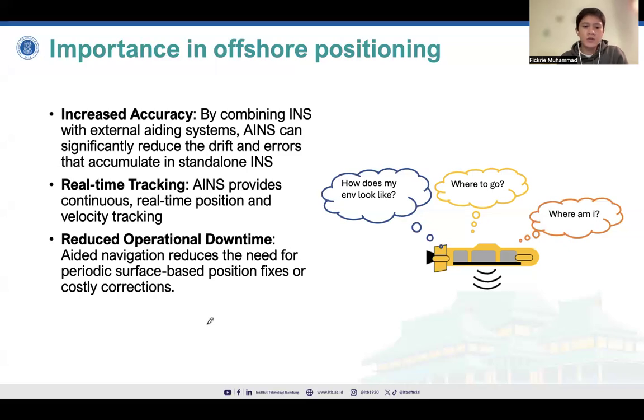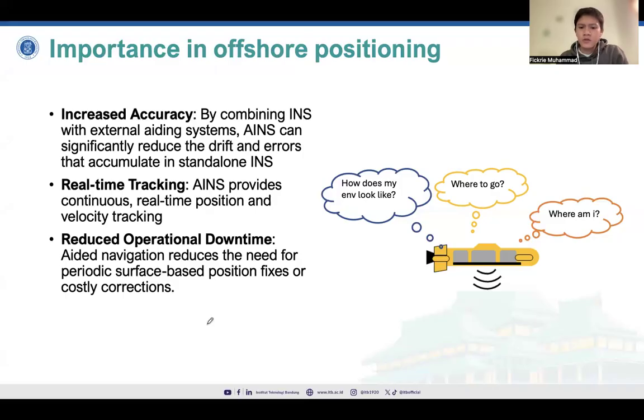So it reduces the need for periodic surface-based position fixes. We don't have to correct the drift accumulated by the INS by sending the AUV again to the sea surface and connecting it with the global reference frame from the GPS, because we believe that with the AINS the drift has already been minimized.